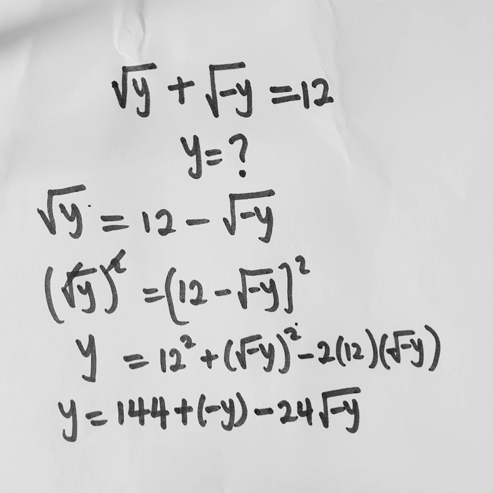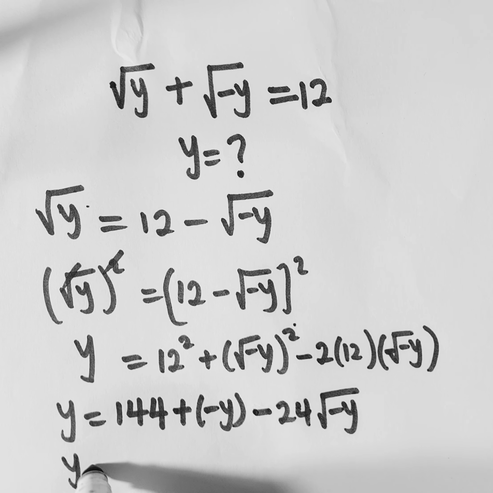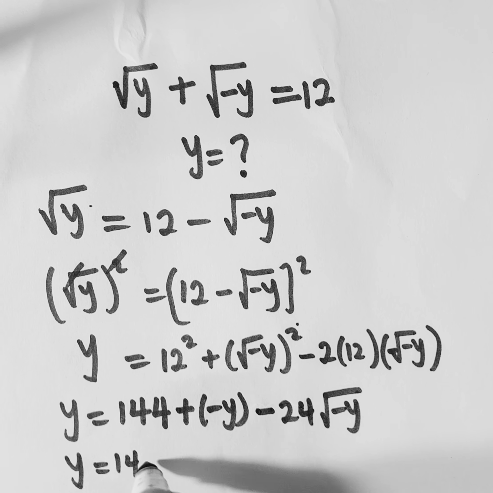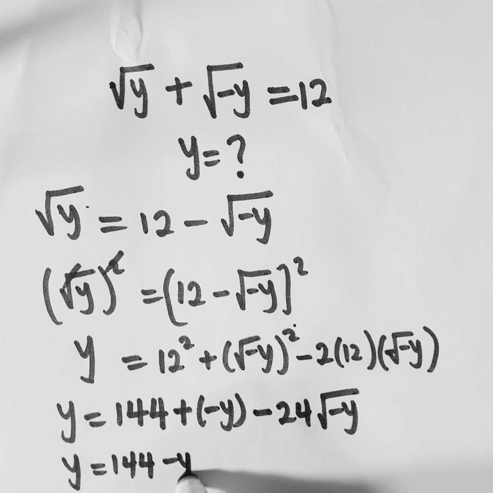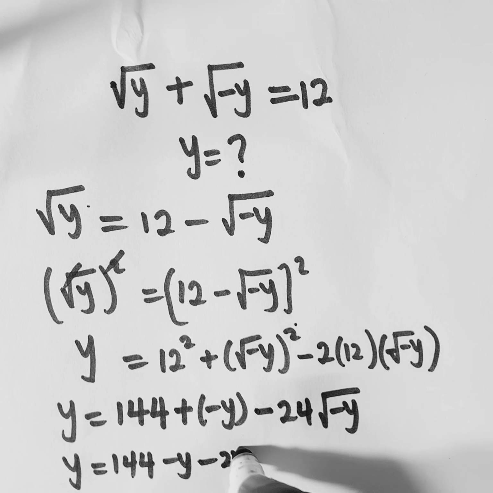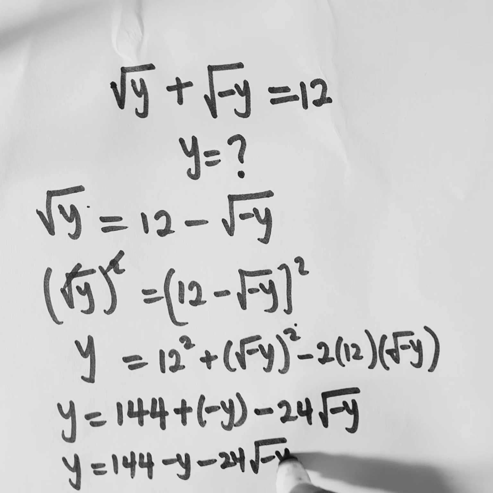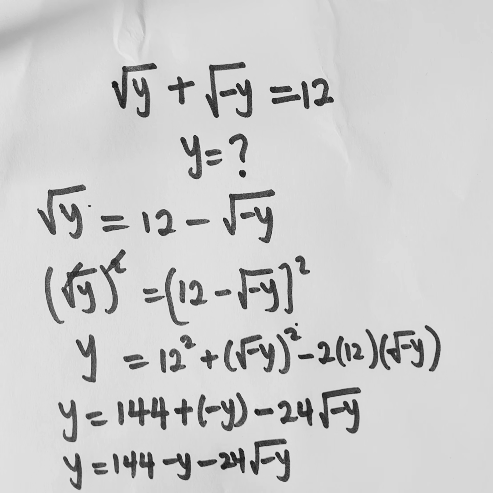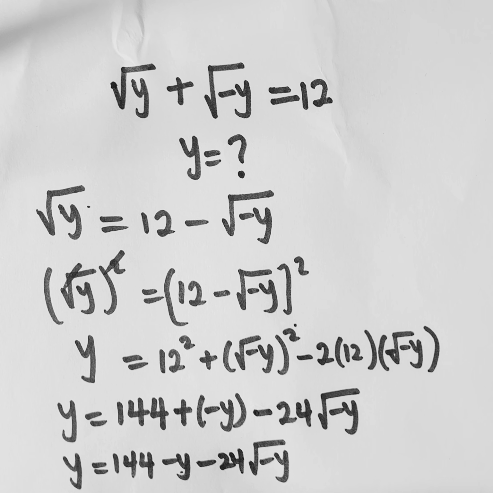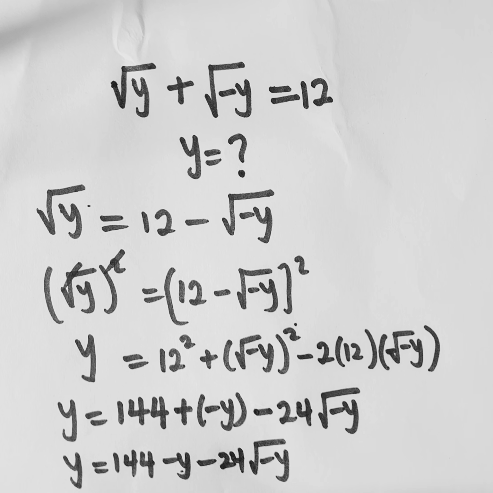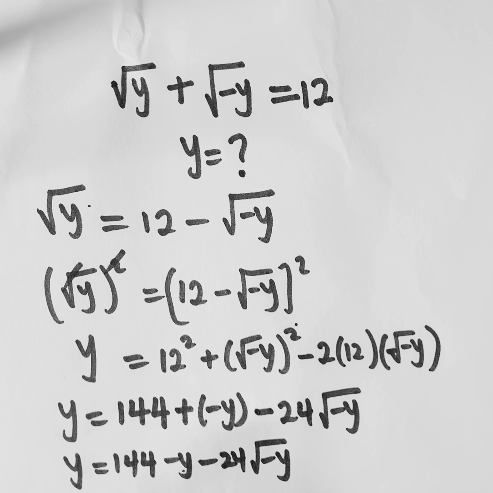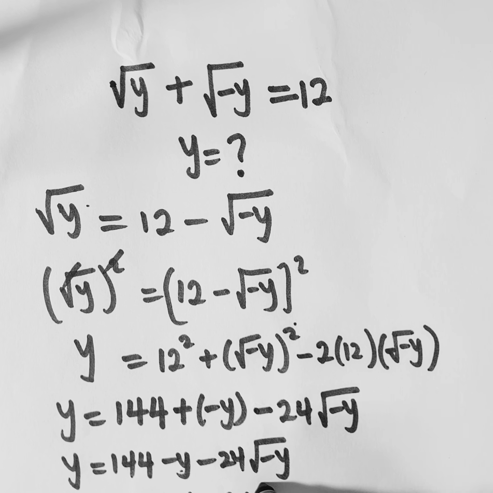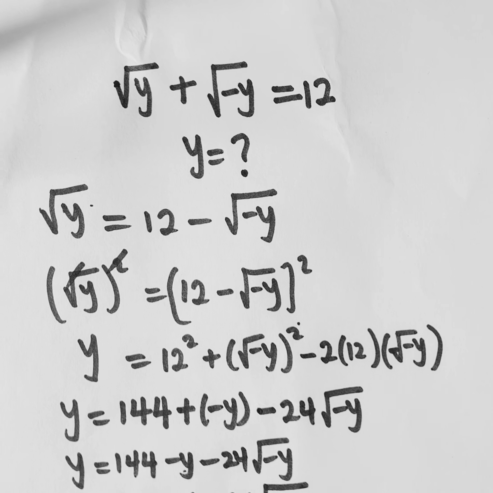Next, here we have y equals 144 minus y minus 24 multiplied by the square root of negative y. Now, looking at this, we can move this y to the other side, which is going to be y plus y equals 144 minus 24 times the square root of negative y.